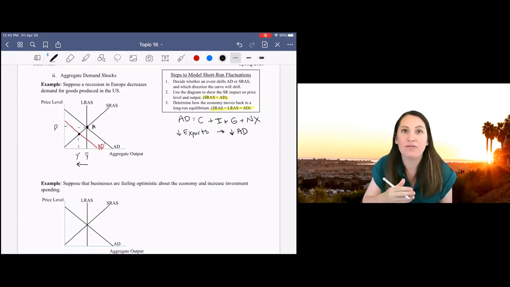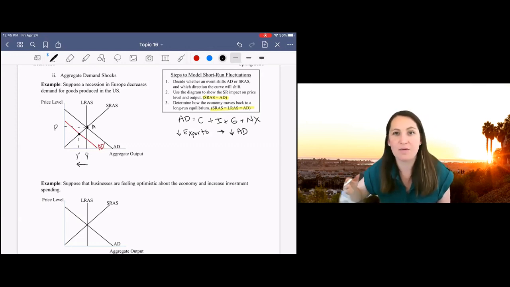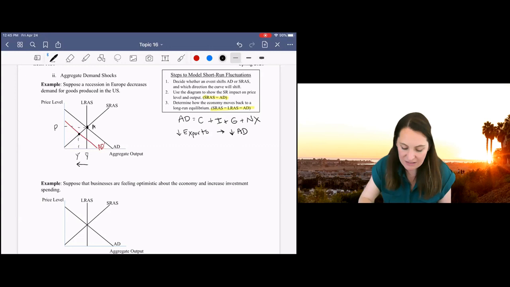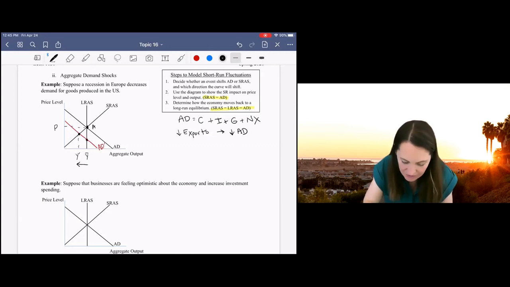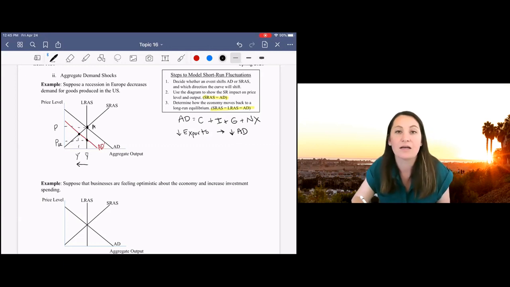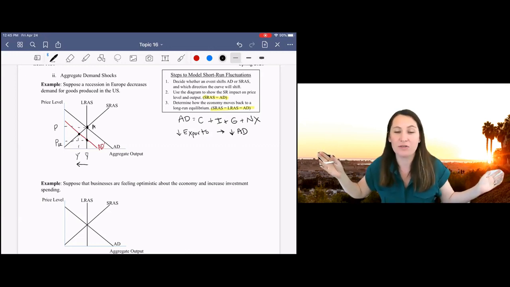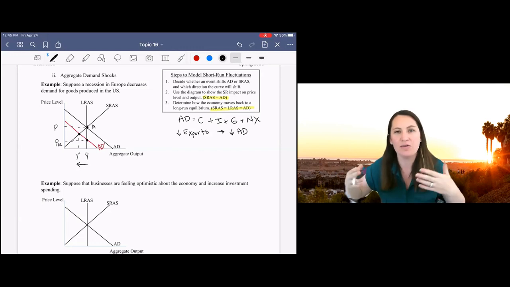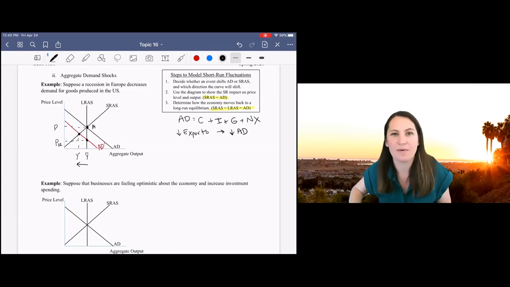And if the economy was functioning perfectly and everyone magically overnight adjusted to the new price level, we would simply see a decrease in prices with no change in output. Right? We can produce the same amount of stuff. Demand has decreased, so the price level in the US would decrease, but we would still have the same output.